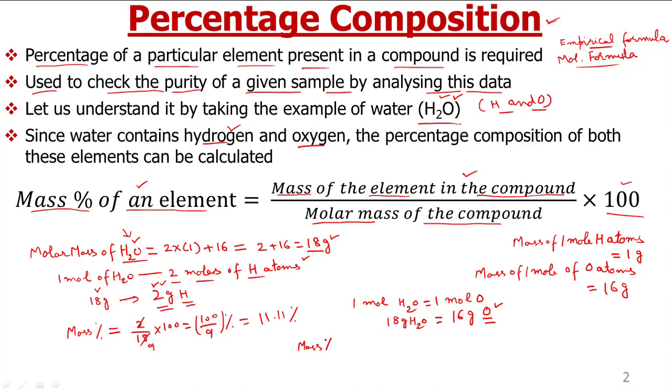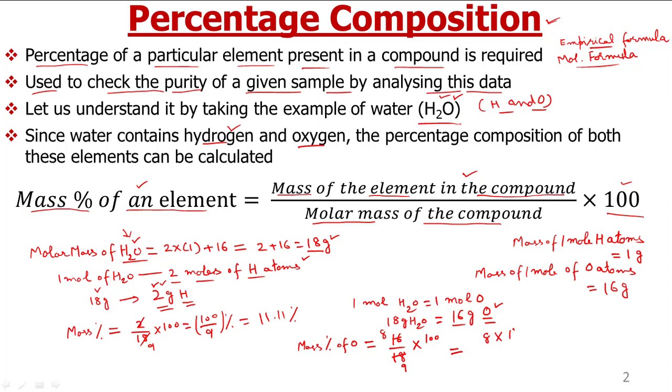So mass percent of oxygen is equal to mass of oxygen in water, which is 16, divided by mass of compound, which is 18, multiplied by 100. So it is something like 8 into 100 by 9.